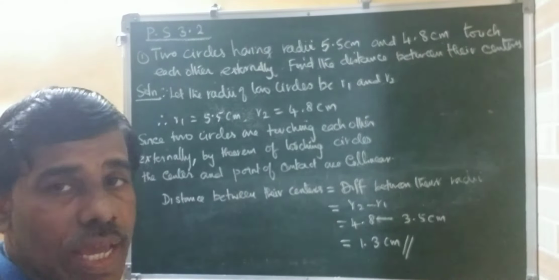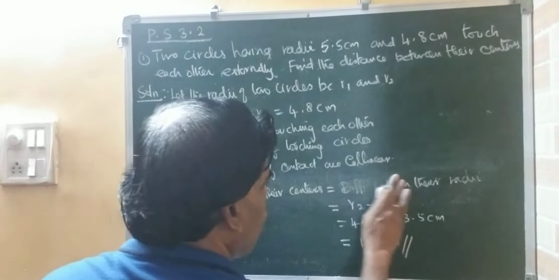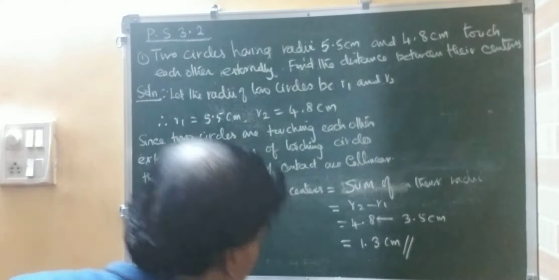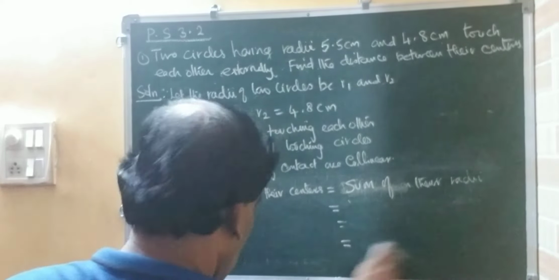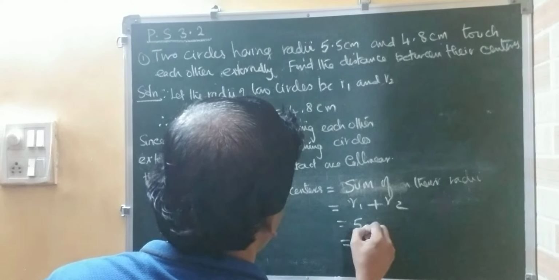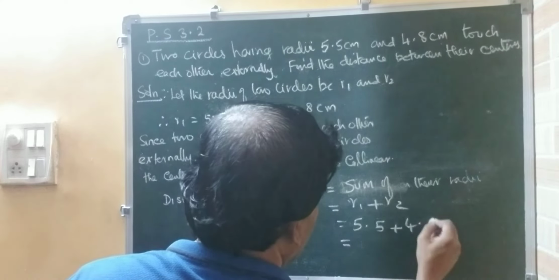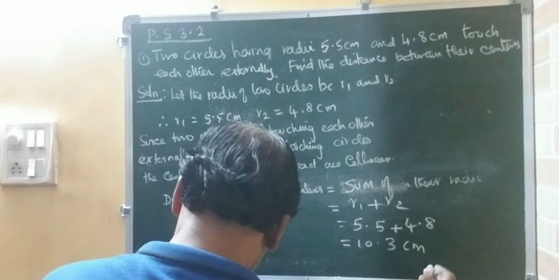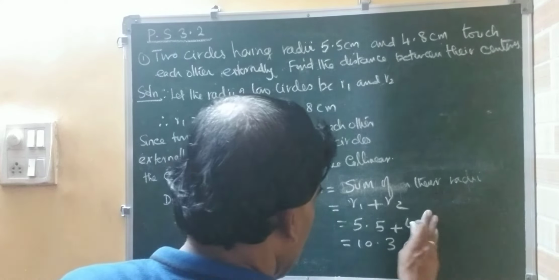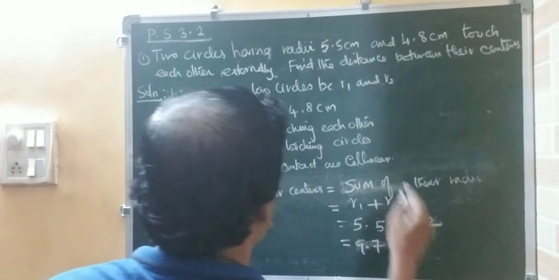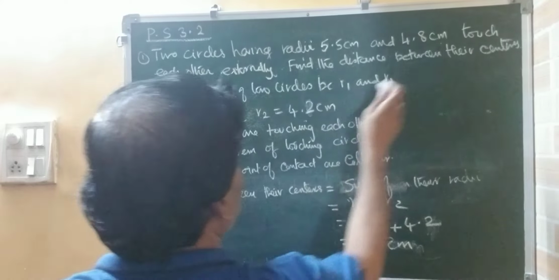Therefore, the distance between their centers is the sum of their radii, because they are touching each other externally. So, R1 plus R2, 5.5 plus 4.8.